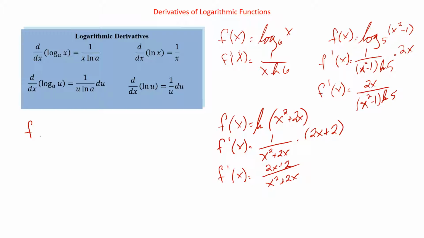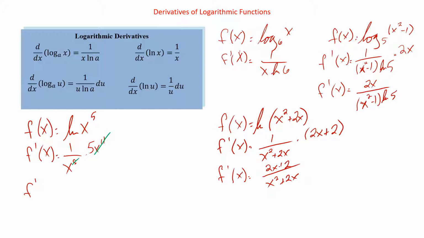Let's look at one more. f of x equals natural log of x to the 5th. The derivative here is going to be 1 over x to the 5th times the derivative of x to the 5th, which will be 5x to the 4th. Well, this can simplify a little. We have x to the 4th's. I'll get rid of that and that.